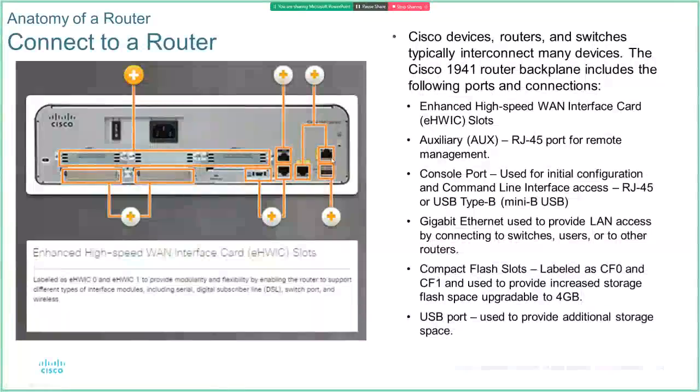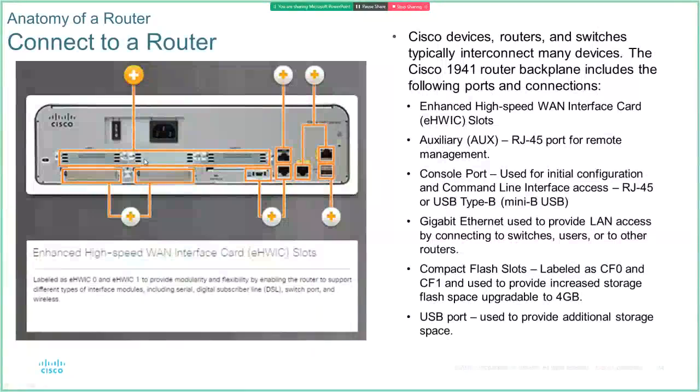Okay, so we have our Ethernet ports or gigabit ports, we will have compact flash slots, and then along here we'll have our enhanced high-speed WAN interface ports, basically expansion slots. Each one of these can take a card that has different functions. We'll have serial interfaces, we can have a card that does switching functions, so multiple Ethernet ports.